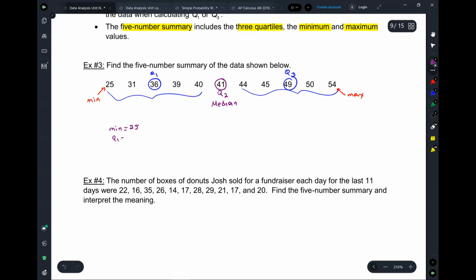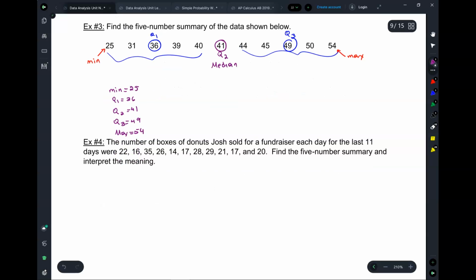Q1, 36. Q2, 41. Q3, 49. Max, 54. Okay, that's the 5-number summary.